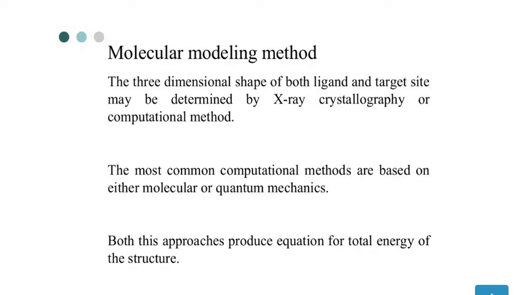Now, molecular modeling: the three-dimensional shape of both ligands and target site may be determined by X-ray crystallography or computational methods. The most common computational methods are based on either molecular mechanics or quantum mechanics. My friend, both these approaches produce an equation for the total energy of the structure.